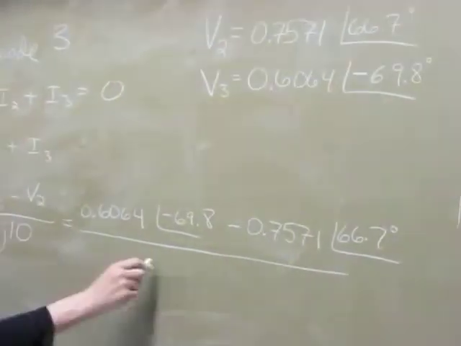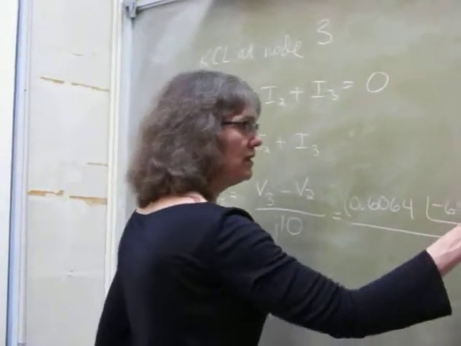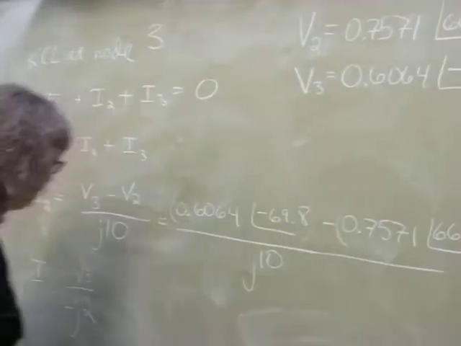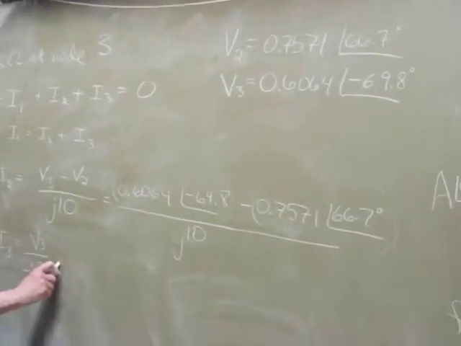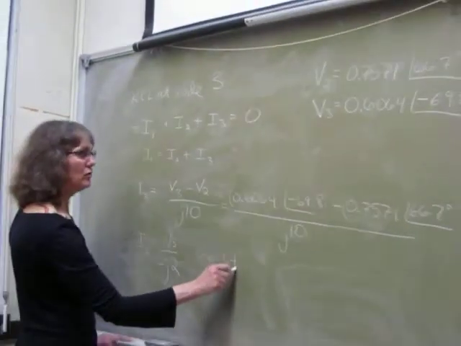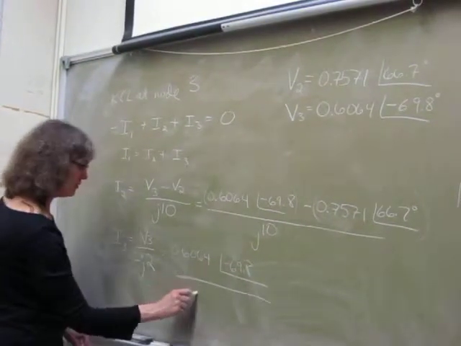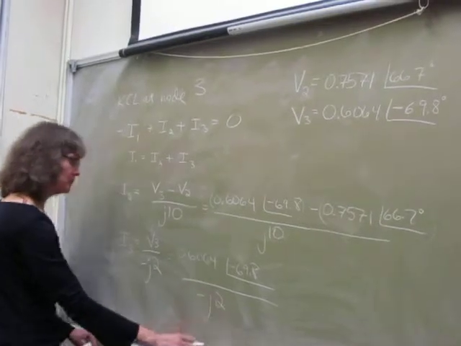That's okay, all over j10. So this is V3 minus V2, and then V3 here is 0.6064, angle minus 69.8, all over minus j2.